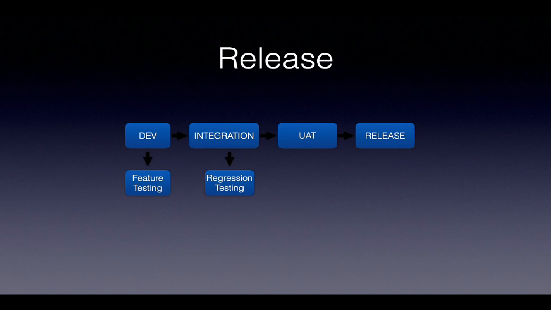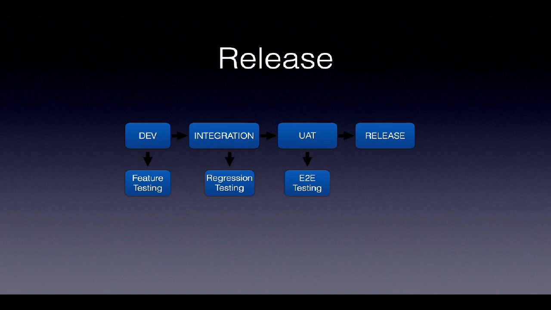Then when we go to UAT, we are not making changes in the code, but there could be some changes in the system. So we just want to be sure that everything is merged correctly in the new environment and external changes are not affecting our code implementation.